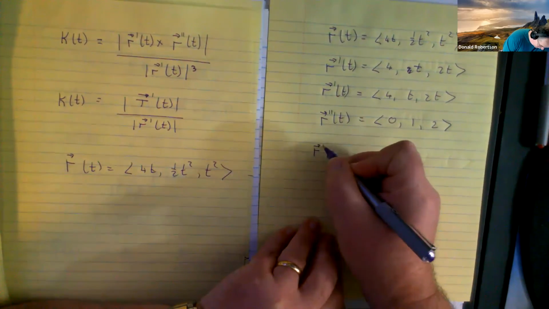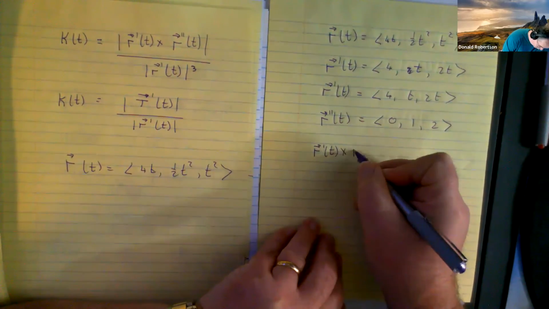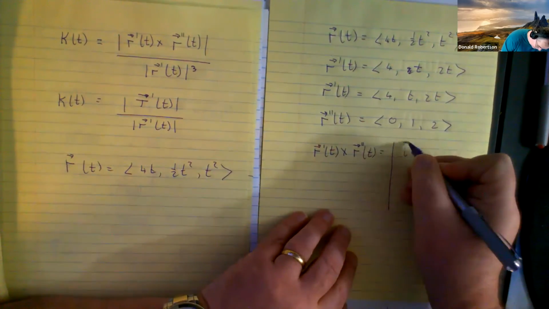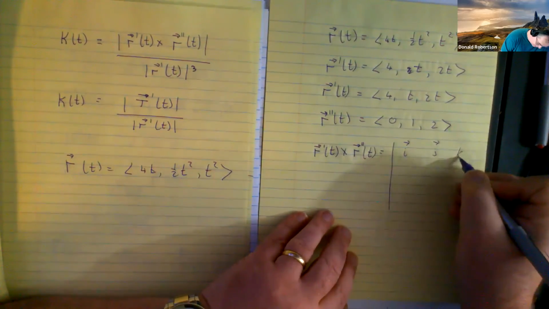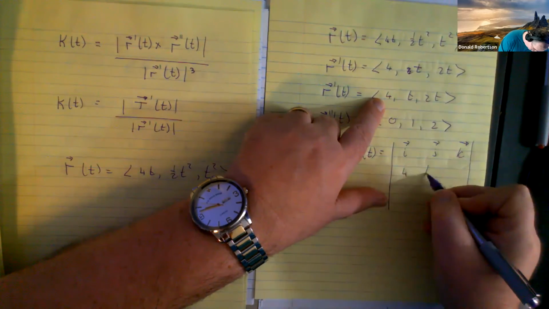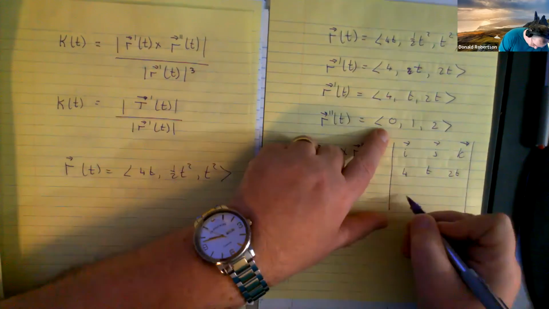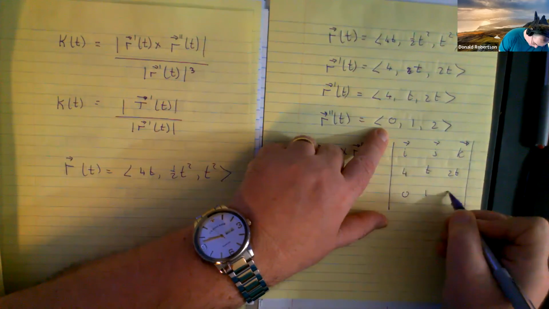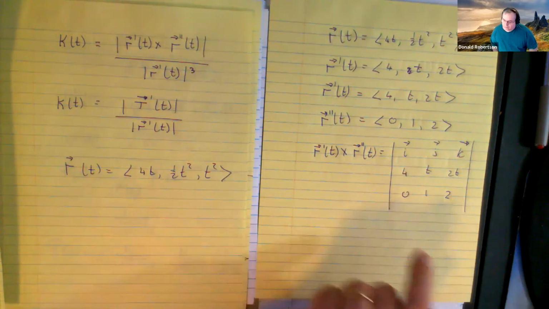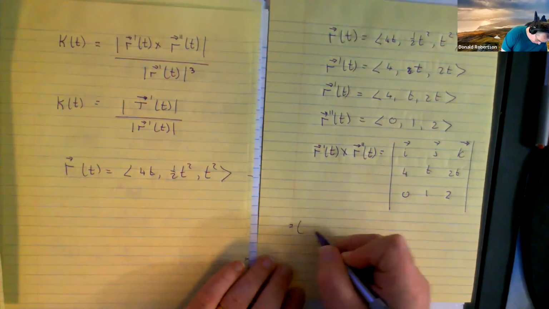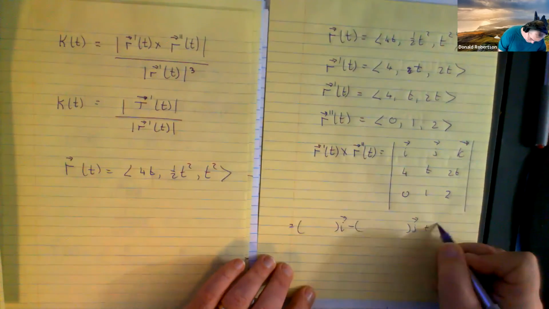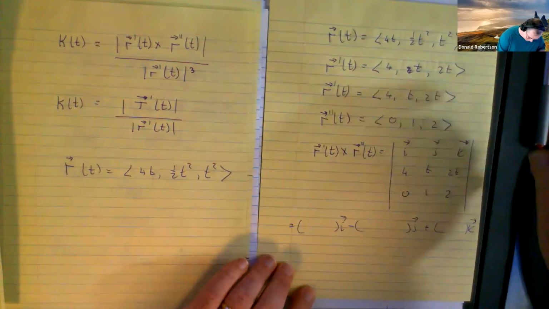If you take the first derivative and you do a cross product with the second derivative, you get i, j, k. The first derivative is 4, t, 2t. The second derivative is 0, 1, and 2. You with me? Okay. So it's going to be so many i's, take away so many j's, plus so many k's.